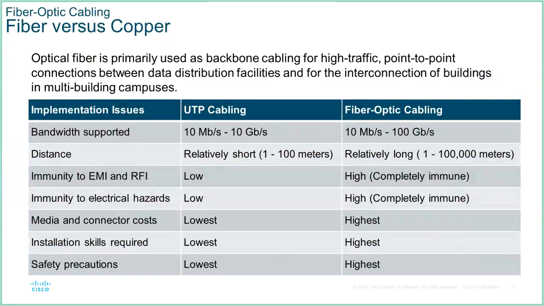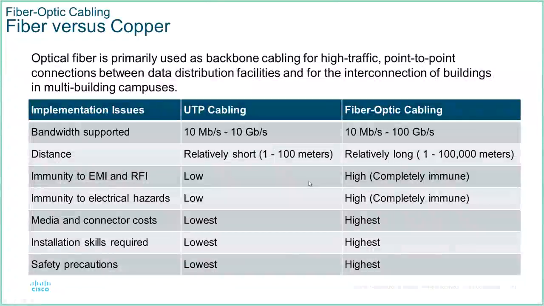Benefits of UTP compared to fiber optics. Well, with fiber, you tend to get a higher maximum speed. The distance of copper is very short compared to what you can get out of fiber optics.